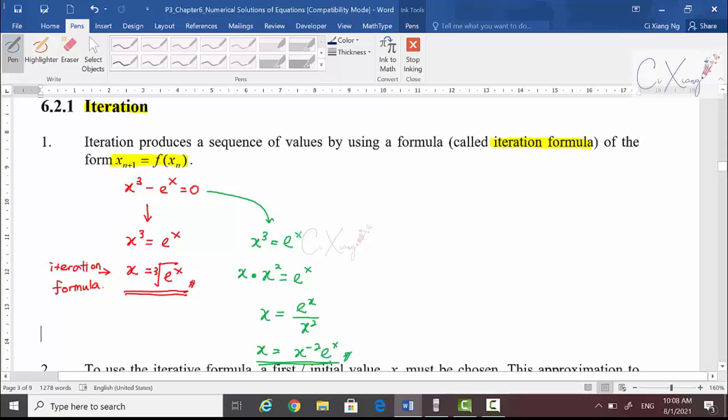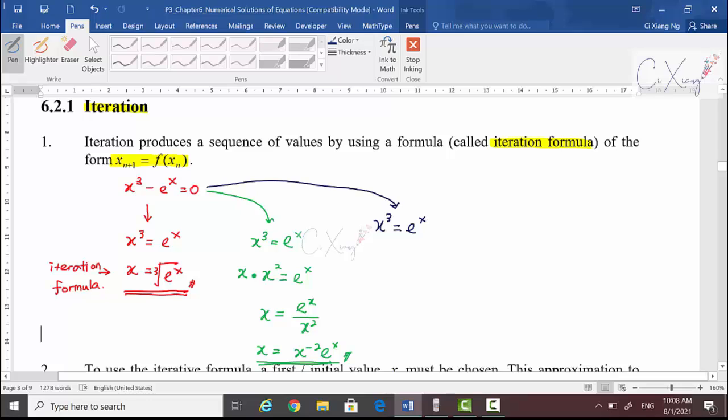Okay, so maybe you can observe again and see for this equation, is there any other possible iteration formula or not? There's one more that I can think of. Again, for this one, x power 3 equals e power x. Now I want to take the x power x down to become the main object, so I'll take ln both sides.